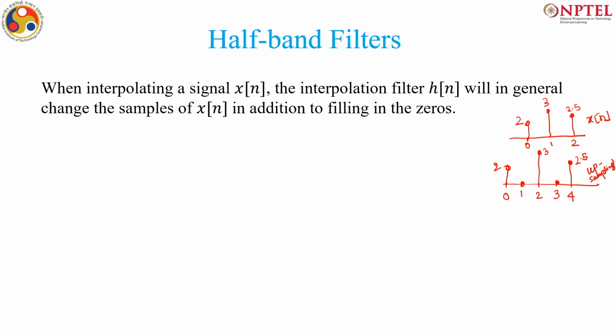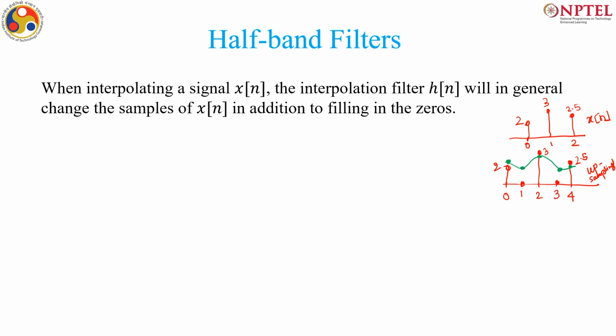Now, we need to interpolate so that these zeros are removed, and for that we will use a low pass filter which I have already discussed in the last class. Let me use a separate color, say this green color. What this interpolation filter will do is create something like this, and these are the new interpolated values.